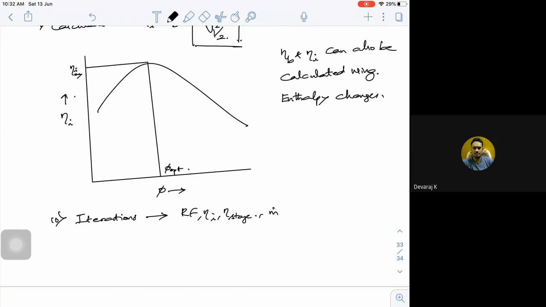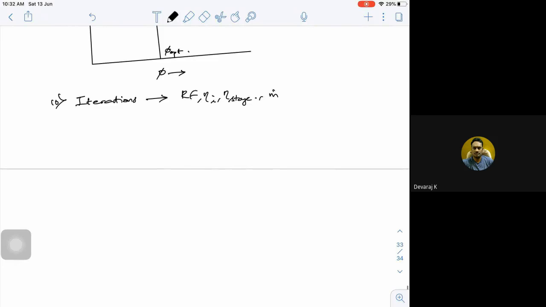You can call it density as well as specific volume. So lot of factors are there which are very important, and also your speed ratio, U by V1. So speed ratio also becomes critical when you go for impulse reaction turbines. Okay, let's look into this. That is about your impulse 2 stage or multi-stage, whatever it may be.